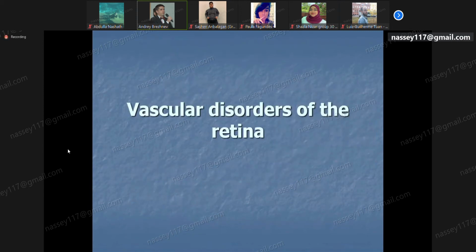The next group of drugs, one more group of drugs which we use in case of diabetic patients, is the so-called anti-VEGF.